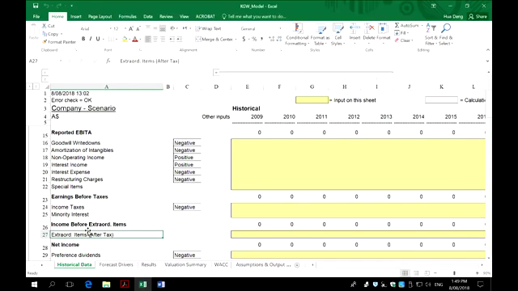What are extraordinary items? They are very rare in the normal business of the company, and you do not expect this to happen again, or to reoccur every year or every few years. I'll give an example.